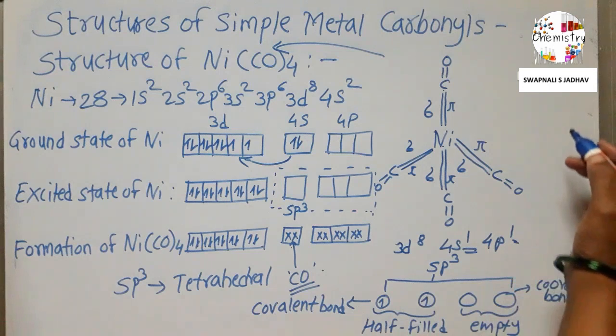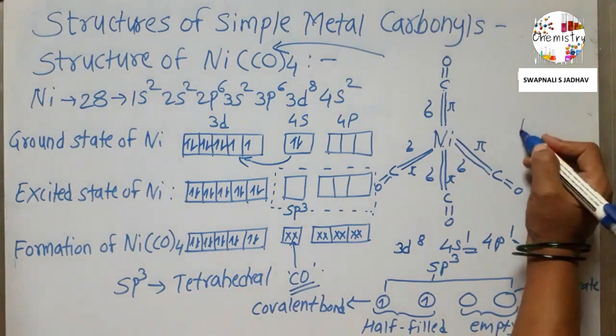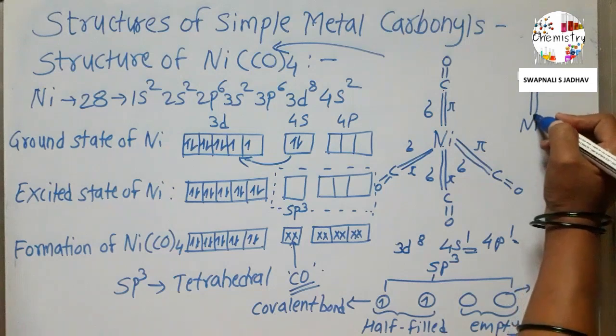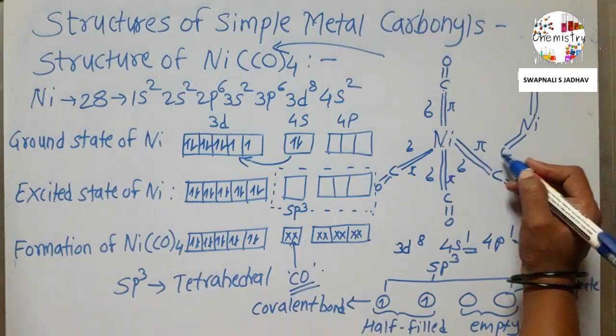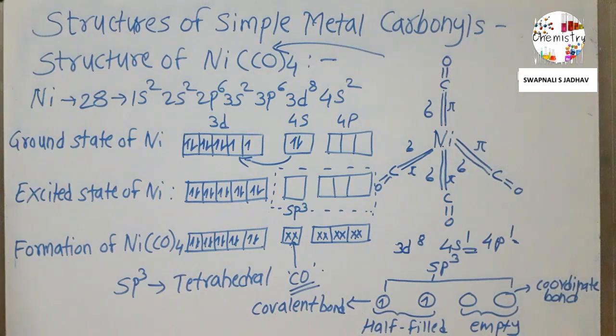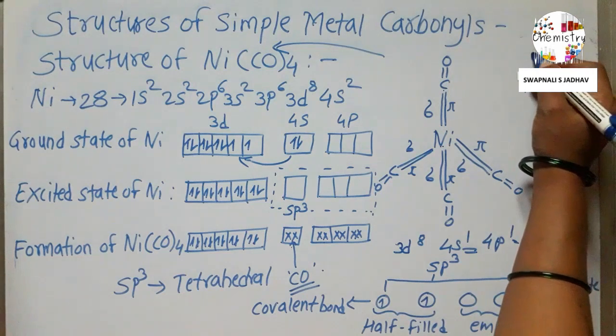And the geometry or structure of Ni(CO)4 can be written as Ni. We draw the structure here.